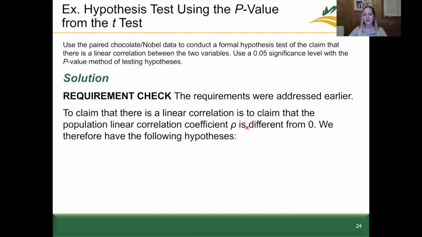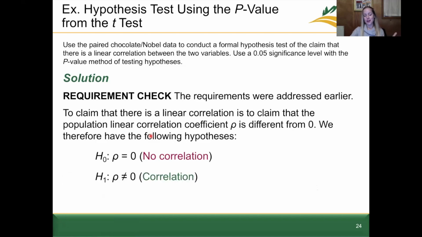Importantly here for this example, we're using the symbol notation of rho because we're interested in our population rather than just our sample. So then we also know from the last slide what our null and our alternative hypotheses are. Again, the null hypothesis, rho is equal to 0, meaning we do not have a correlation. Our alternative hypothesis is that rho is not equal to 0, meaning we have a correlation.